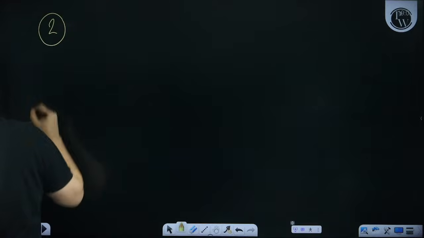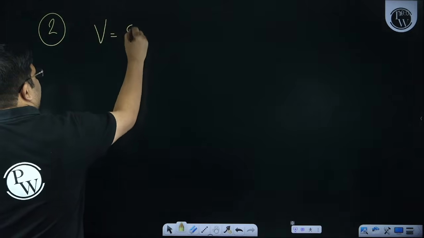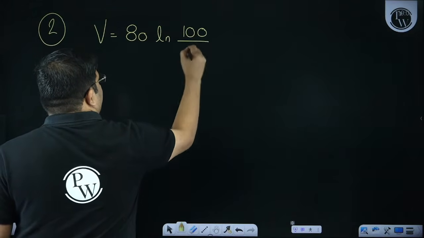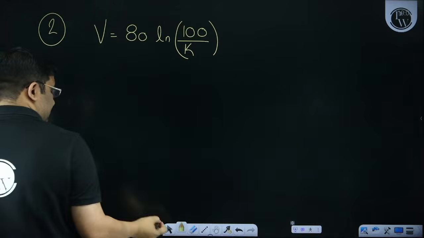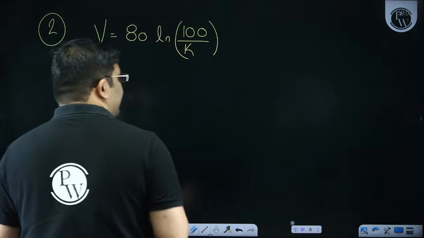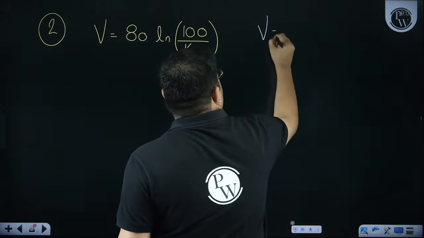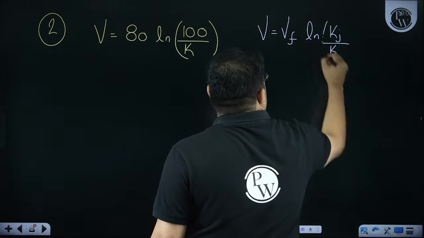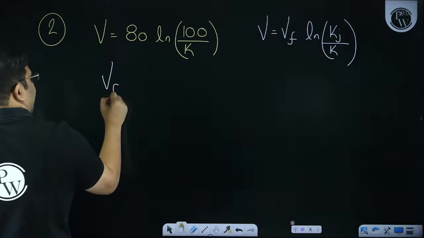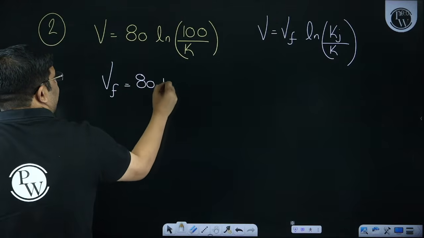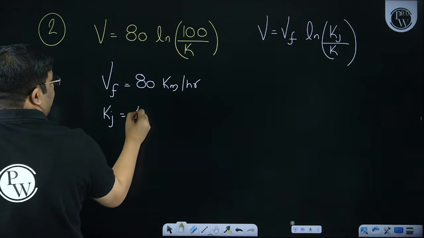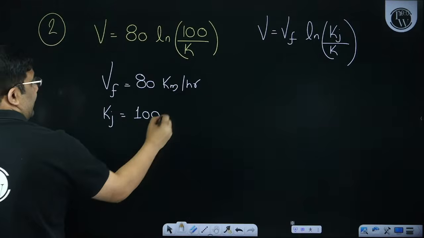Similarly, suppose I have a Greenberg model, where the equation is now V equals 80 ln of 100 by K. You can see this is a logarithmic model, clearly the Greenberg model. If I compare with V equal to Vf ln Kj by K, Vf is equal to 80 and Kj is equal to 100 vehicles per kilometer.